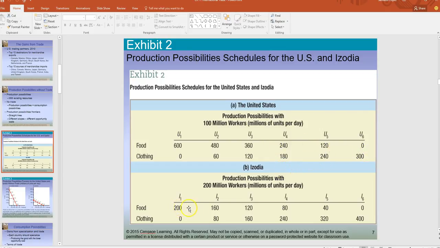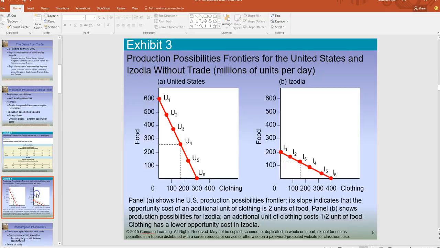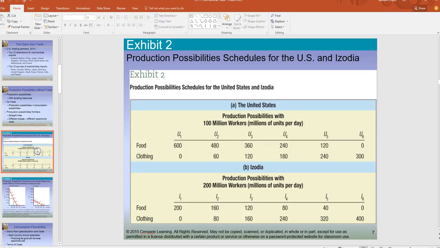Same in here, the food drops by 40, clothing increases by 80, along the PPF, or the production possibilities frontier, which yields these two graphs here for the United States, this one, and for Isodia, this other graph. The points U1, U2, U3, U4, U5, and U6 are the same points of production that are shown on the table here, combinations of food and clothing.